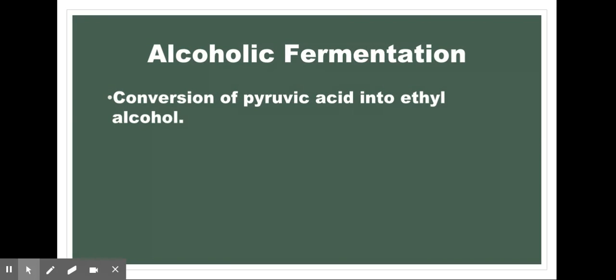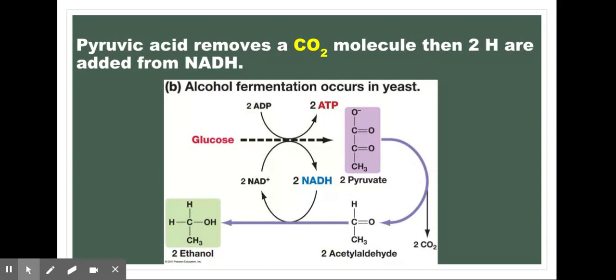Alcoholic fermentation is another type of fermentation if we don't go towards lactic acid fermentation. Here, we're going to turn that pyruvate or pyruvic acid into ethyl alcohol. So where lactic acid added on hydrogens, alcoholic fermentation is going to take off this CO2 on the end, leaving two carbons, four hydrogens, and an oxygen.